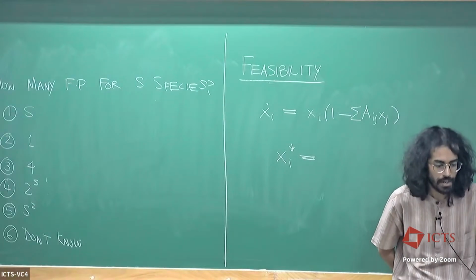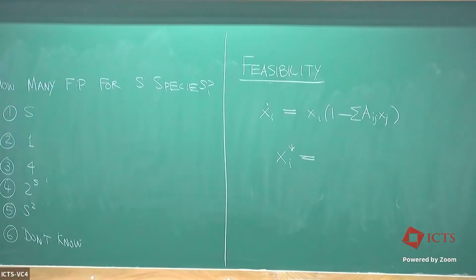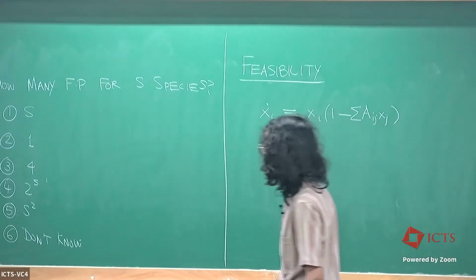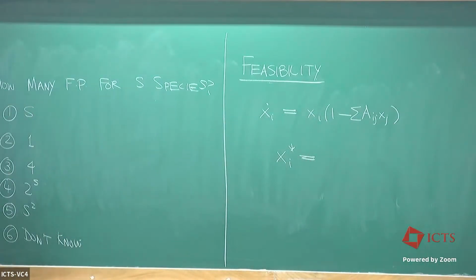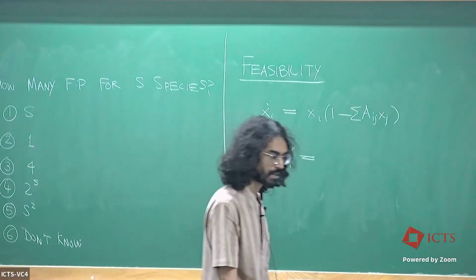All right, let's start wrapping up. Let's take a vote again. This was a good set of discussion, I think. If you have a given set of S species, how many fixed points do you expect?